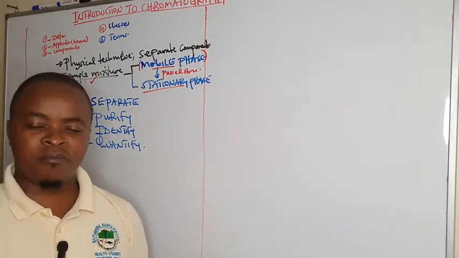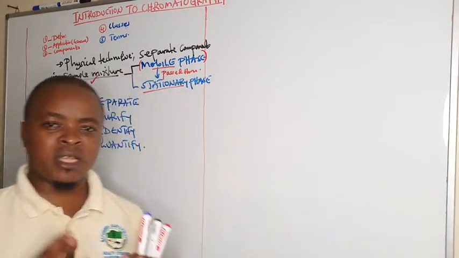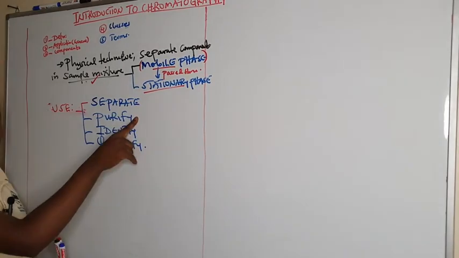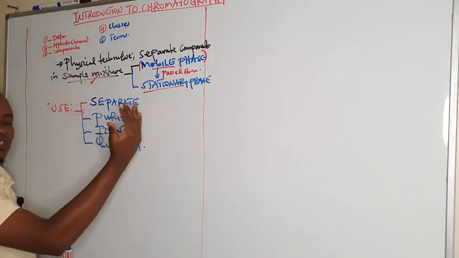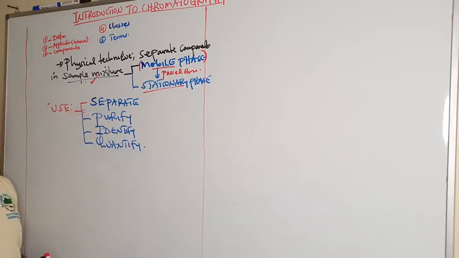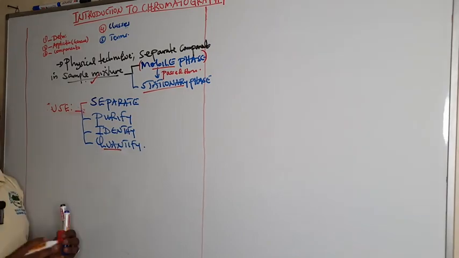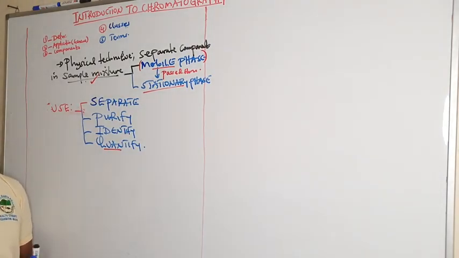When we have a sample mixture containing different components or analytes, we are able to separate, to purify, identify, maybe this is compound A or B or C, and then we can even go ahead and quantify. We tell you how much is in this sample.